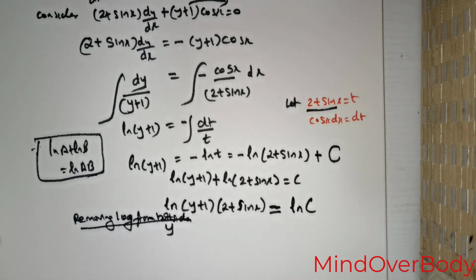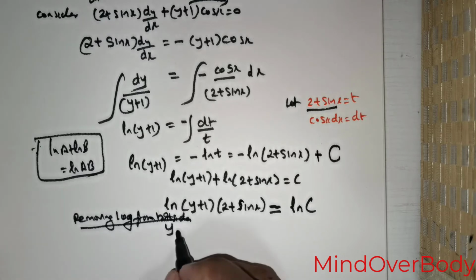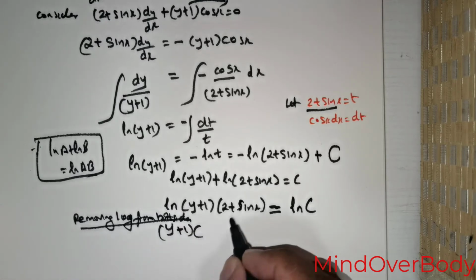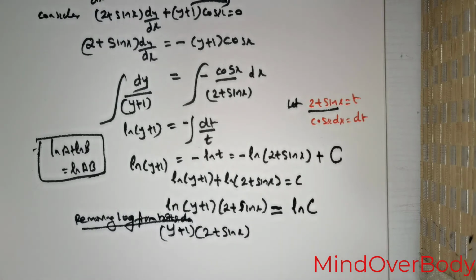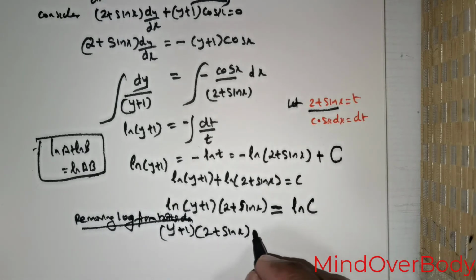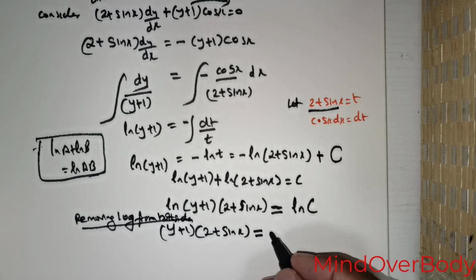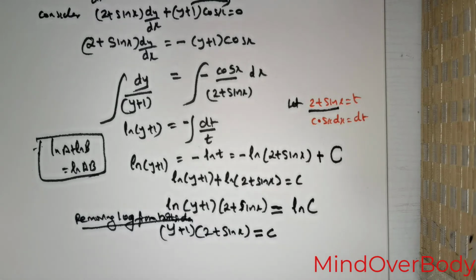So when you remove log from both sides, you would get y positive 1 times 2 positive sin x. This is what you get. And of course the log gets dropped and you have the c there.